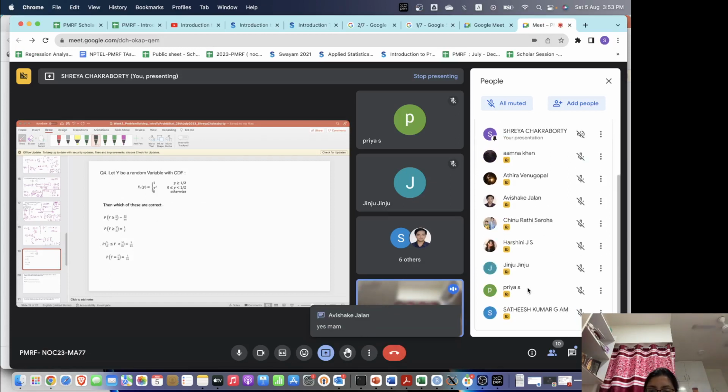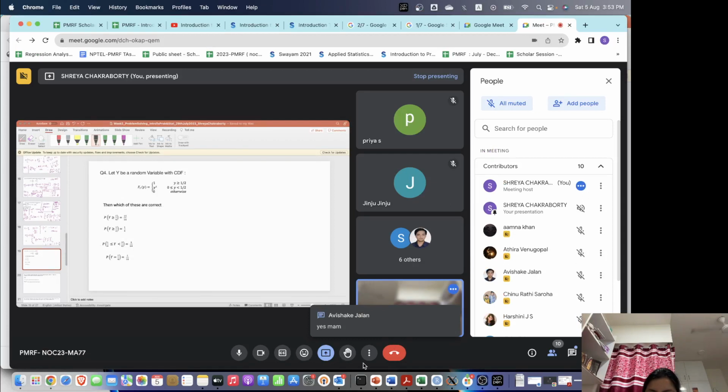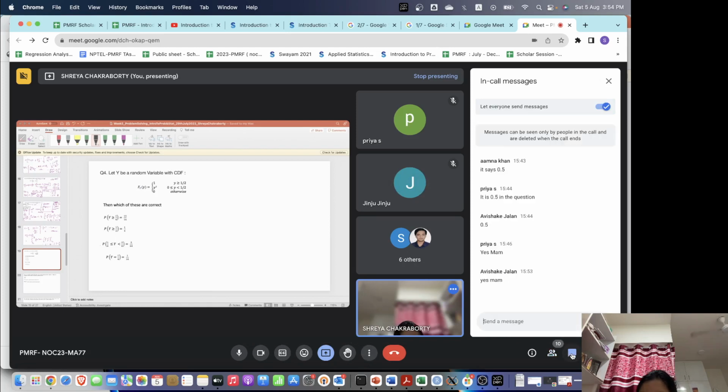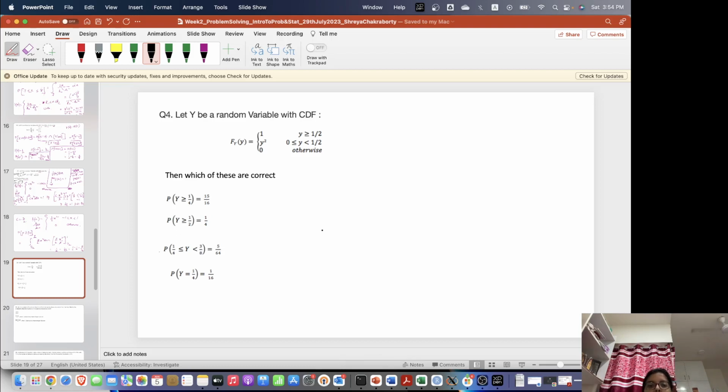How do you think you should solve for this one? All right. So here we have a random variable with a CDF like this. Now we have to find out which of these are correct.